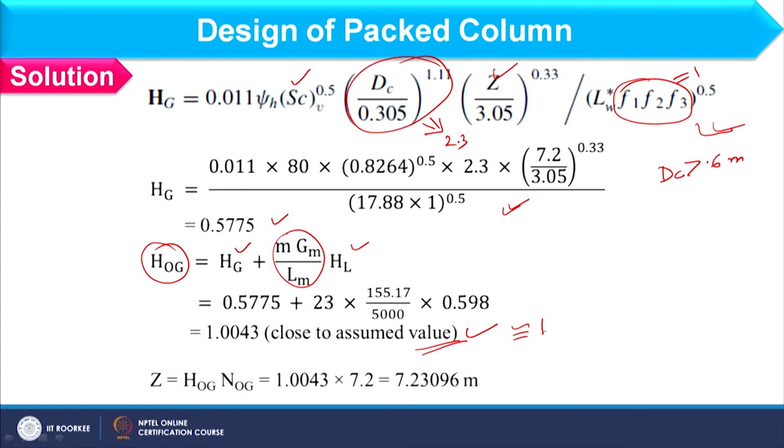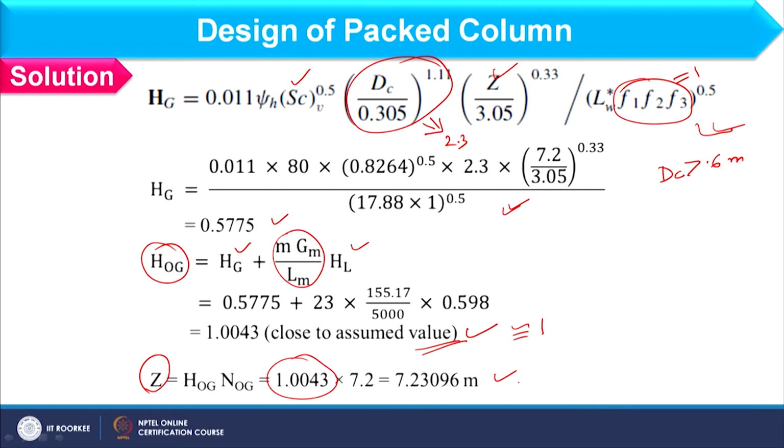So, I consider that the assumption is correct, and I can find the Z value as HOG into NOG. Now, I will put the correct value of HOG, and the height we can obtain as 7.23096. In this way we can find the height as well as the diameter of the packed column.